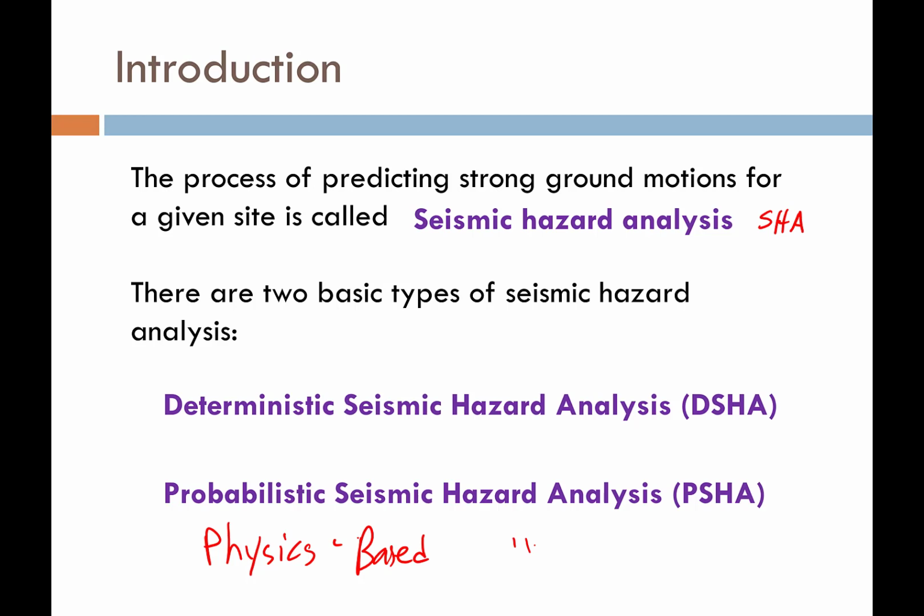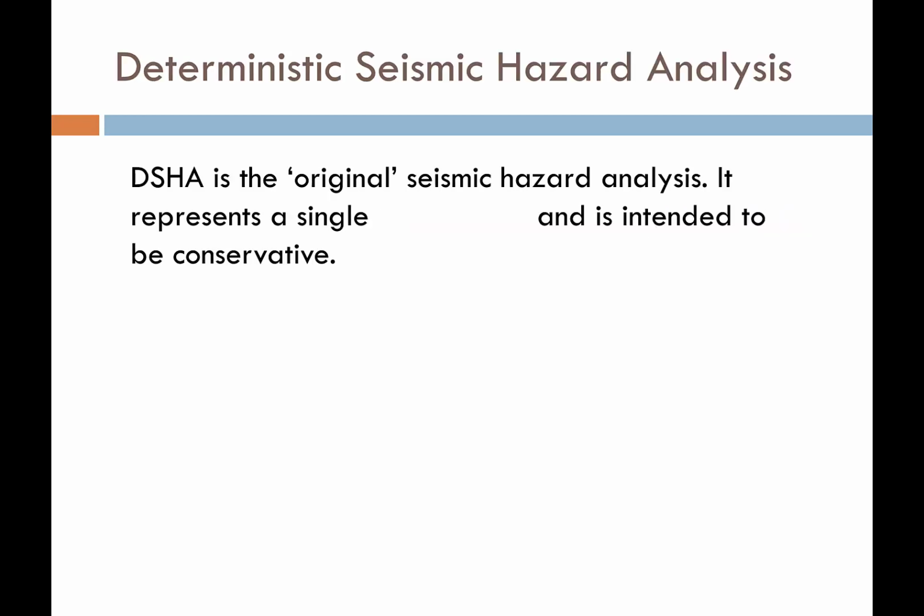Now that's very advanced stuff, this physics-based. So we're not going to talk about that, and very few engineering practitioners actually use those. Instead, we're going to talk about these two right here, the DSHA and the PSHA.